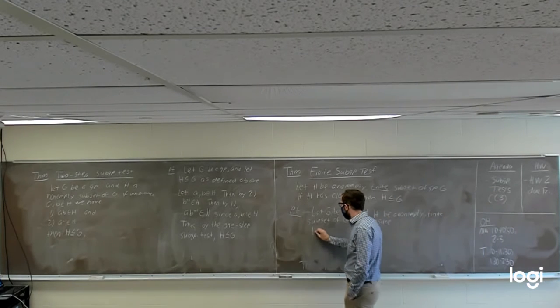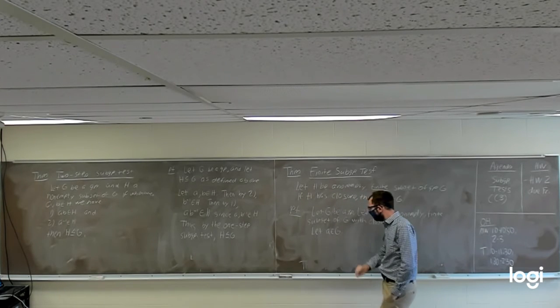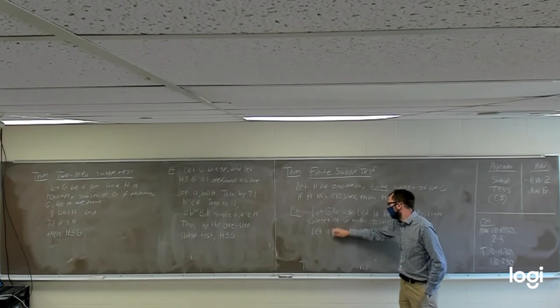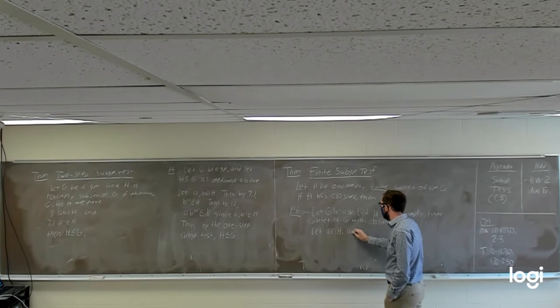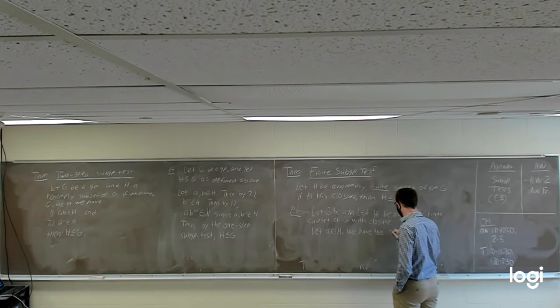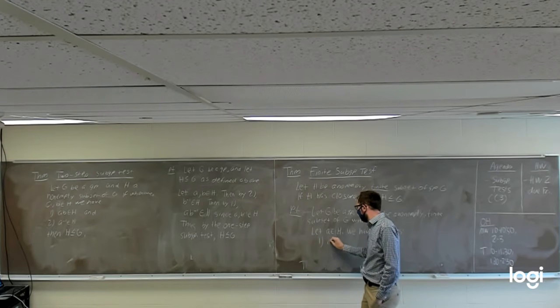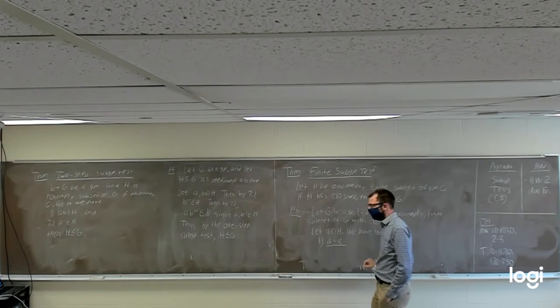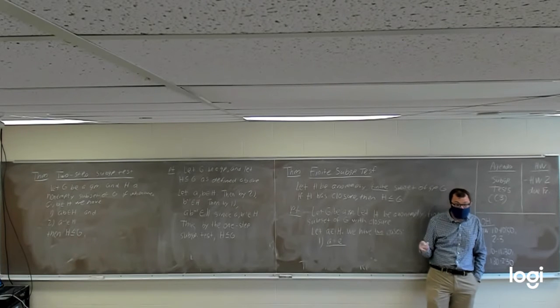So I'm going to let A be an element in H. And I claim we have two cases. First case, A is the identity element. If A is the identity element, do we know that A has an inverse in H?